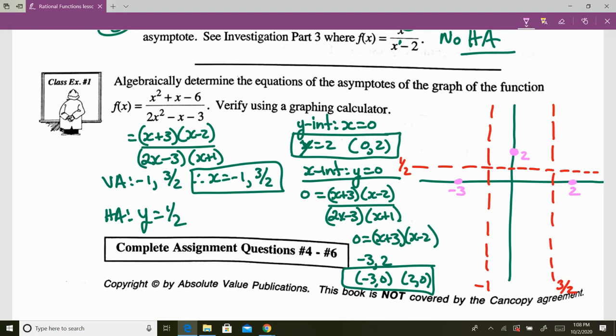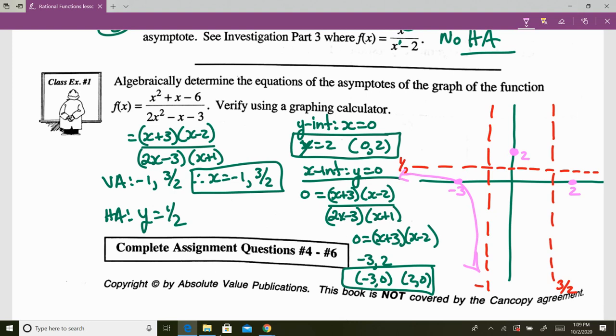So what does the graph look like? He's right. So this one here has to go through this point, -3. You can't touch this. So the only thing I can do is that.